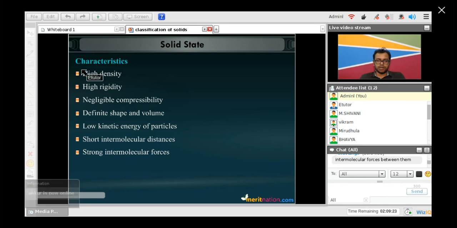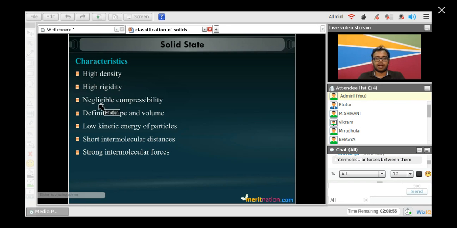Now, solids have high density because the molecules of solid are very closely packed. If you are considering a structure where the molecules are very closely packed, then the mass contained in a unit volume will be higher, right? And if the mass contained in a unit volume is higher, that means you can say that density is higher. Solids have high rigidity as well, so you can't deform solids by applying force.